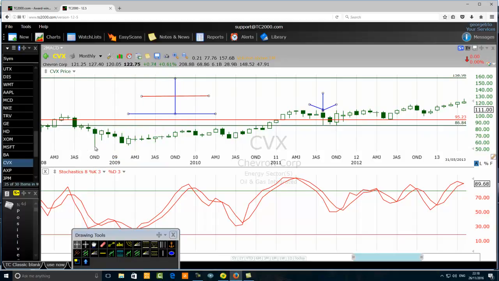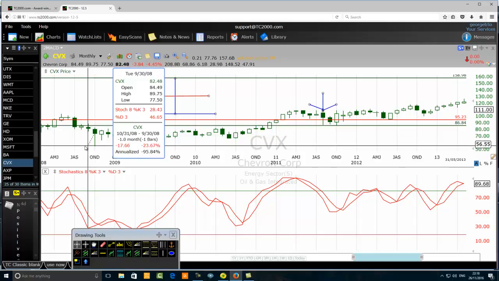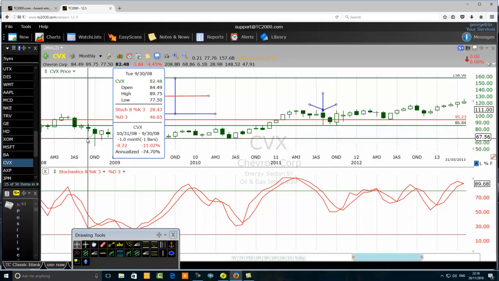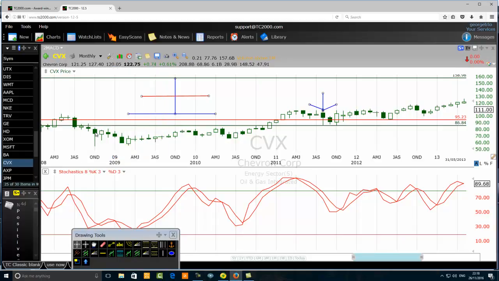But before the monthly candlestick bar closed, it closed at $74. So though the bearish traders pushed it down all the way to $56, they couldn't hold it there. It went back up all the way to $75. From 56, it found a support and went back up again to $75. Therefore, we cannot call this candlestick bar a bearish candlestick bar.